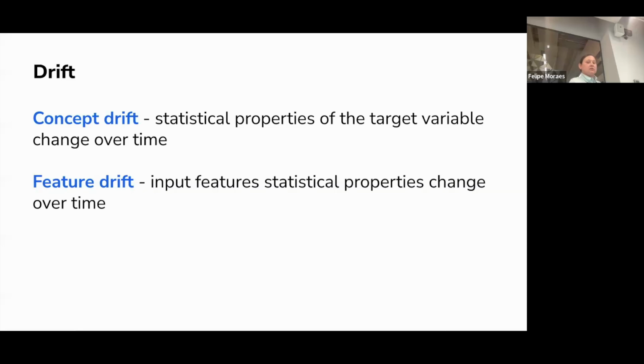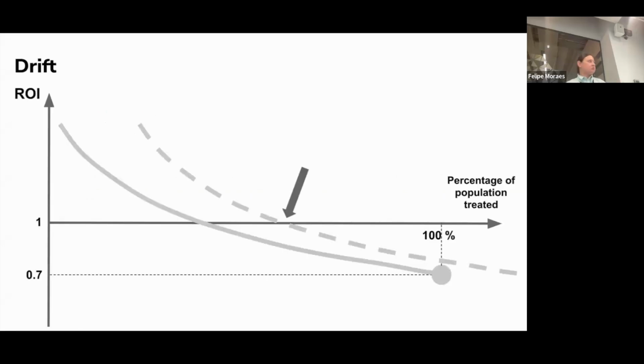And what you can do about it? Drift is not something you can avoid. You are interested in detecting it, mitigating it, and adapting to it, because how can you avoid it? Your optimal line just shifted, right?